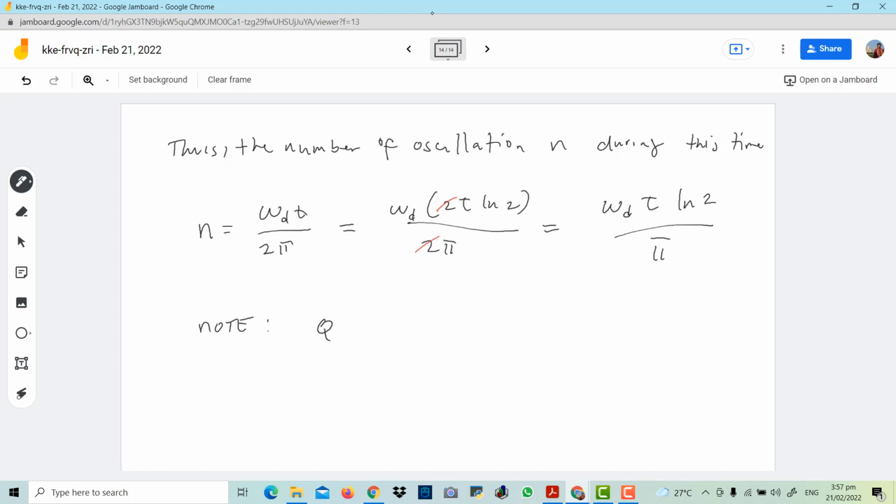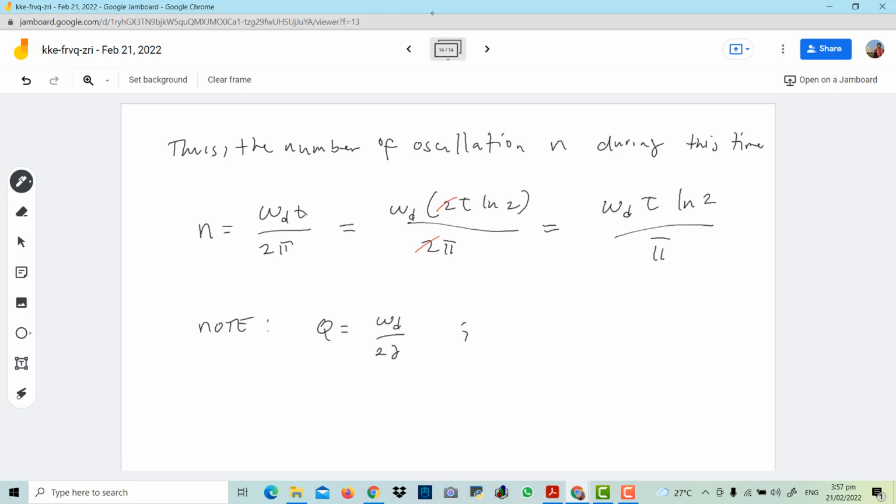Note that the quality factor Q is equal to omega d over 2 times gamma. And I also know that 1 over 2 gamma is equal to tau.